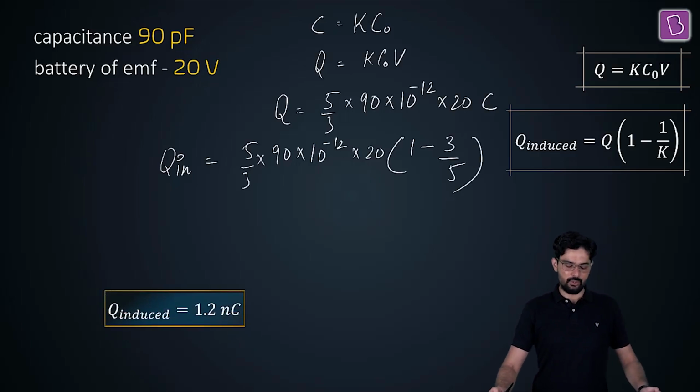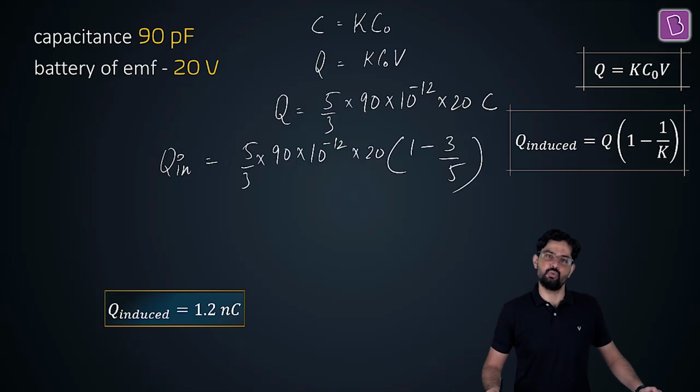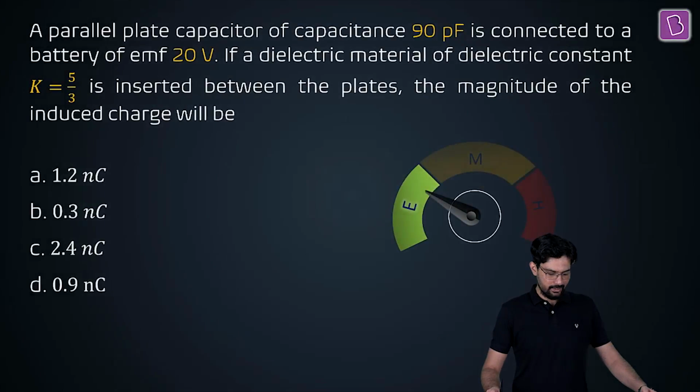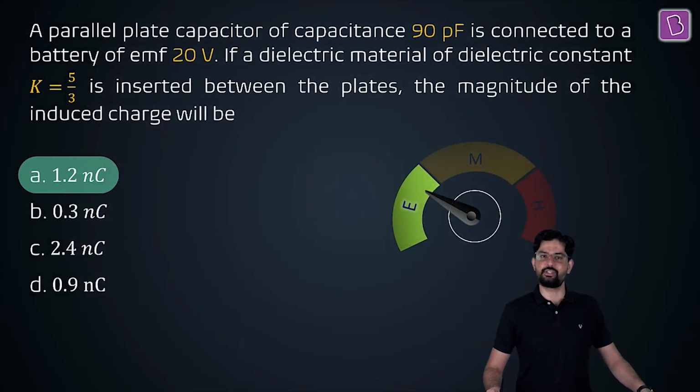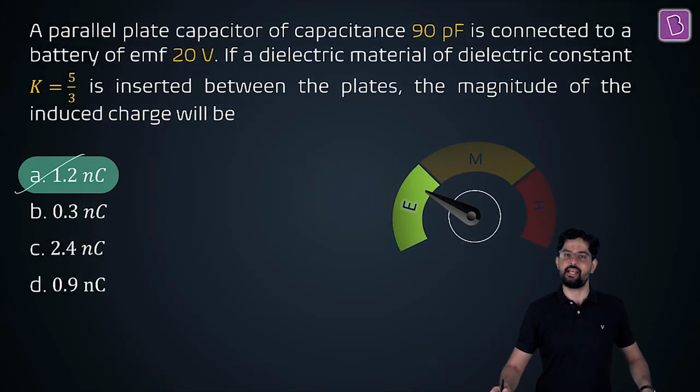And when you simplify this, you are going to get the induced charge on the dielectric to be equal to 1.2 nanocoulomb. So in this case, option A is going to be the right answer.